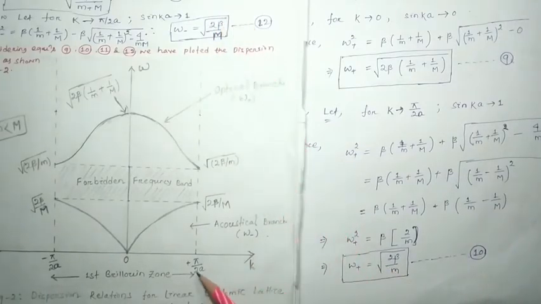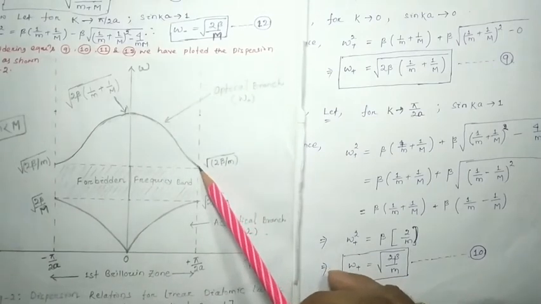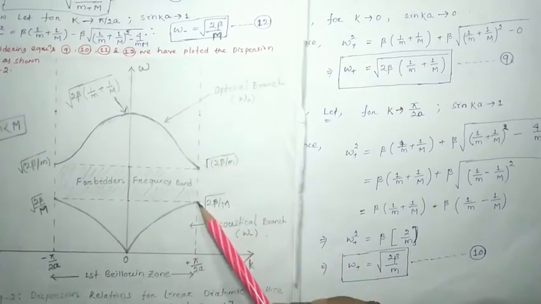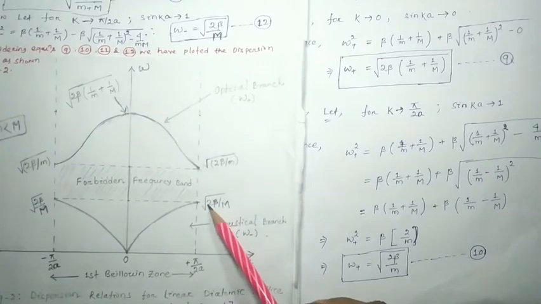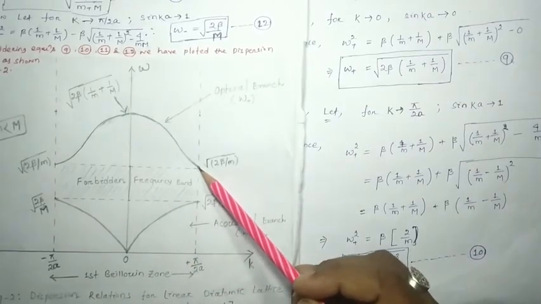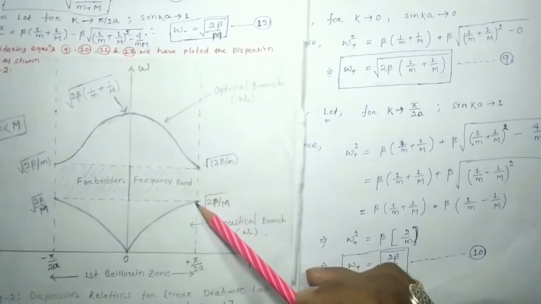Okay, so at plus pi by 2a, here I have to consider this is 2 beta by m root over, and here I will consider 2 beta by capital M root over. So this belongs to omega plus, this point belongs to omega minus.